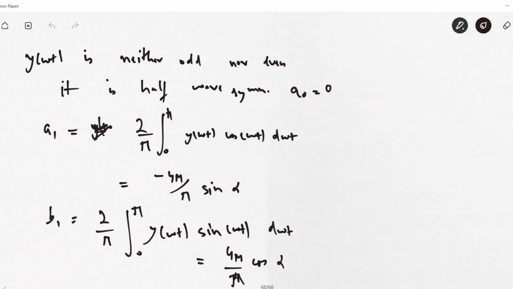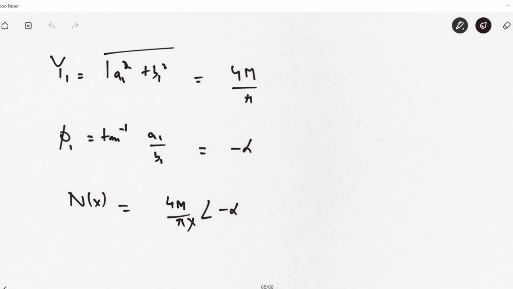So we have obtained the describing function of a relay with hysteresis.